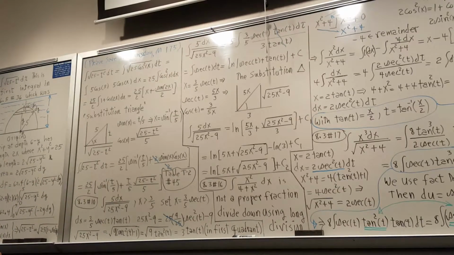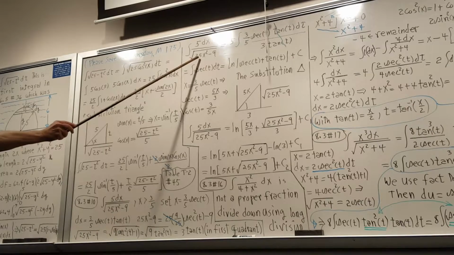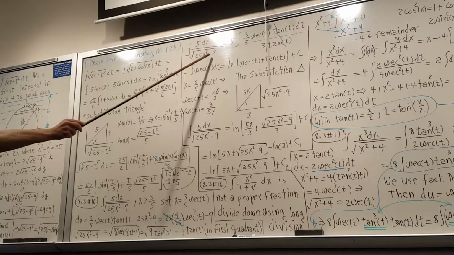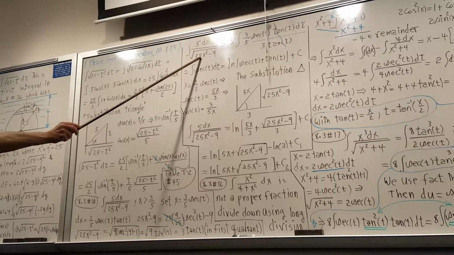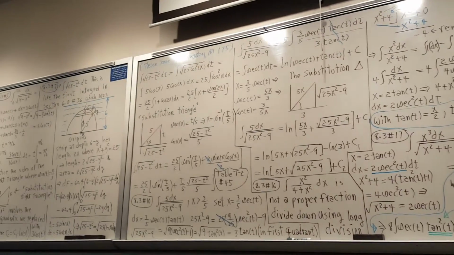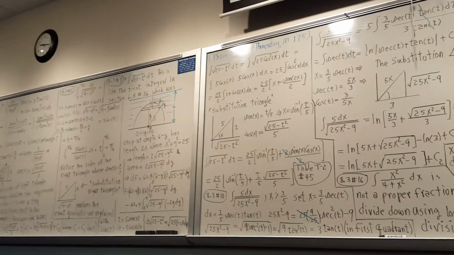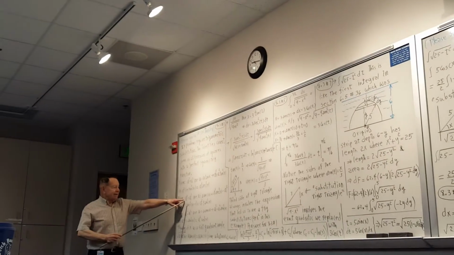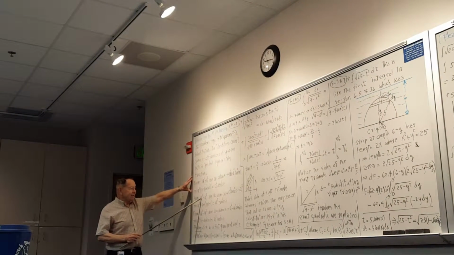Could you remind me how you got the secant? Well, what we're doing, you see, if you have a difference of squares and it's variable minus constant. That was what we were talking about here first. I used u here instead of x.